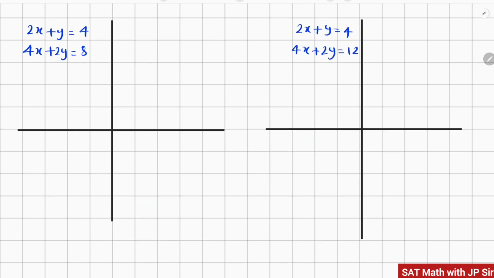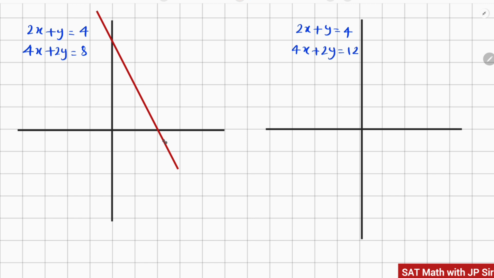Now we have two more pairs of equations. First, this. If the question is to solve this pair of equations graphically, how to solve this? So we will draw this equation and it is this.